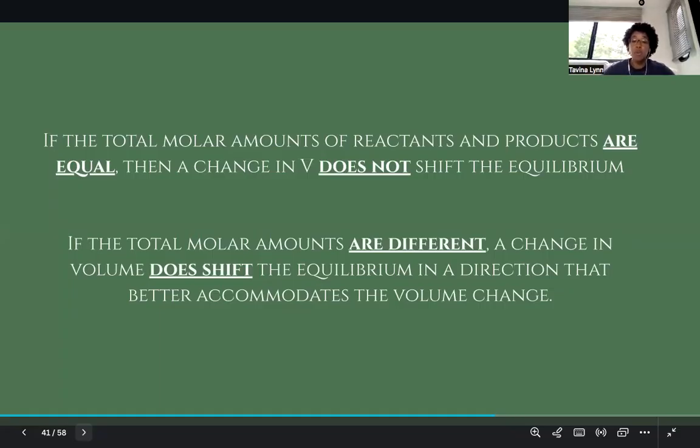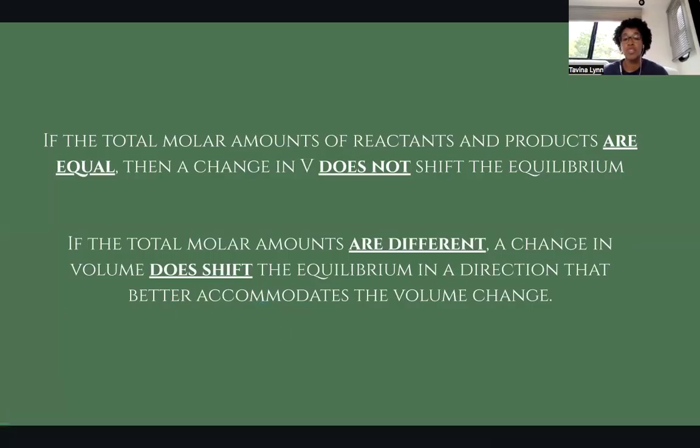But if the total molar amounts are different, which we saw in our second reaction, where we decompose NO2, those molar amounts were different, so a change in the volume did shift the equilibrium, in the direction that will better accommodate the volume change.